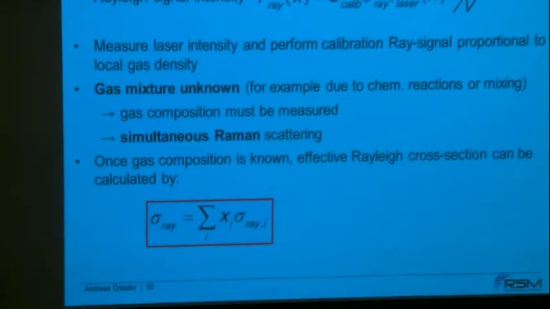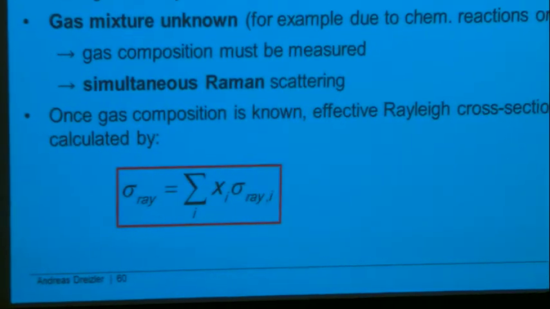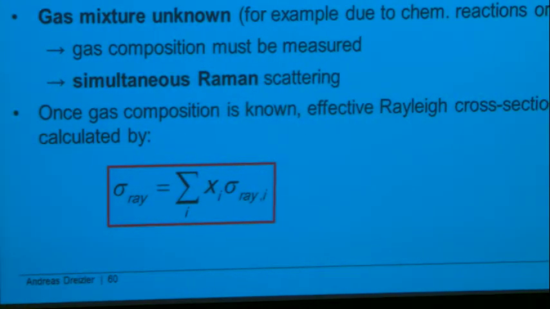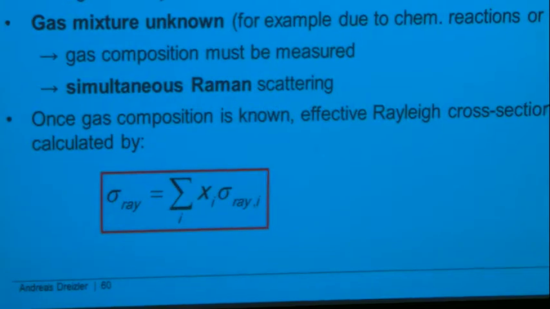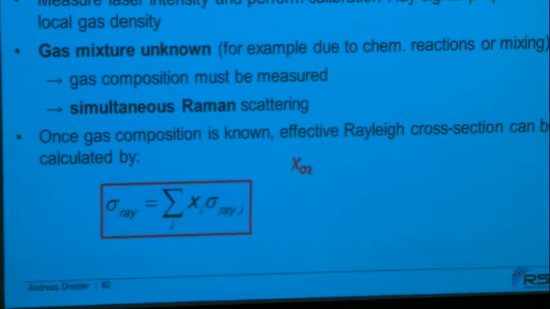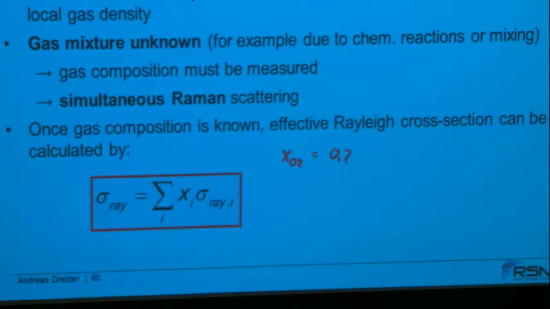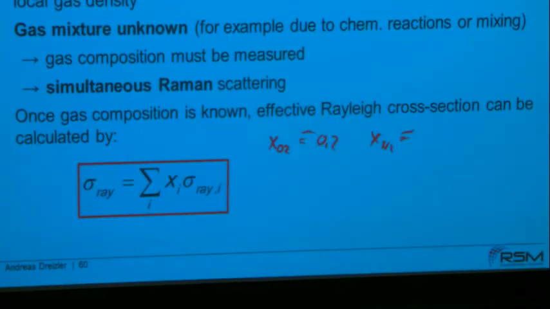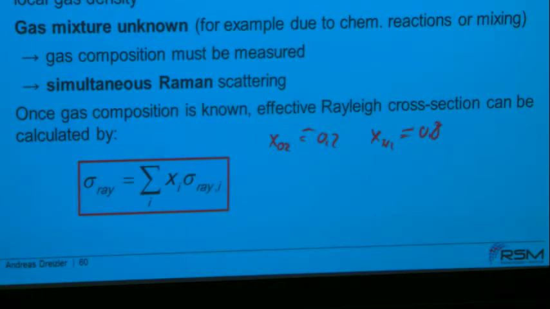For example, take an example. If you would have air, and we just say we have maybe 80% nitrogen and 20% oxygen to make it easy, then the mole fraction of O2 in air would be 0.2. The mole fraction of N2 would be roughly 0.8. And the cross-sections are different between these two species. If you go into a flame, you have as well CO2, water, and so on.